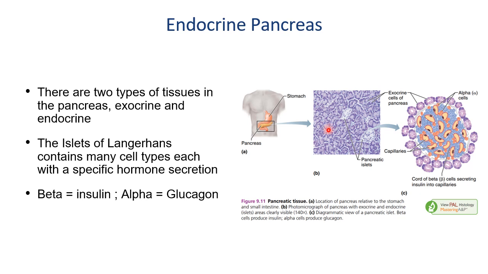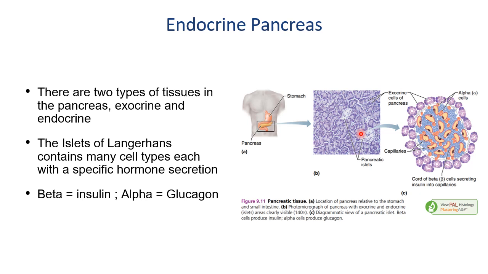The dark blue structures are your pancreatic acinar cells, which perform the synthesis of digestive enzymes. The whitish structures here are your pancreatic islets, which contain the beta and the alpha cells, which secrete into the blood insulin and glucagon respectively.